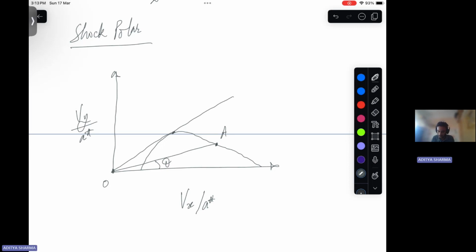If we draw a tangent to this curve, in that case, this is clearly the maximum theta value.